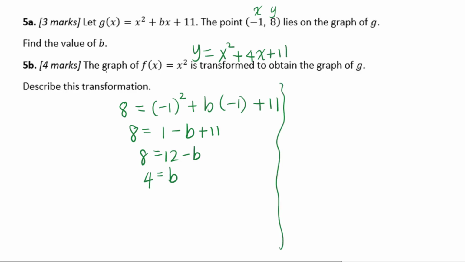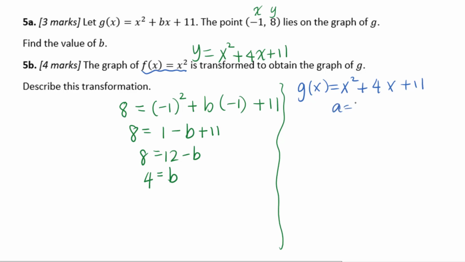For 5b, the graph of f of x equals x squared is transformed to obtain the graph of g. Describe this transformation. g of x equals x squared plus 4x plus 11. We need to change into vertex form.